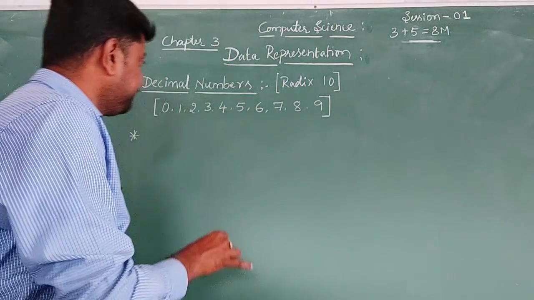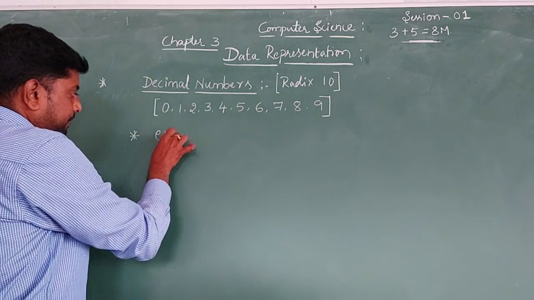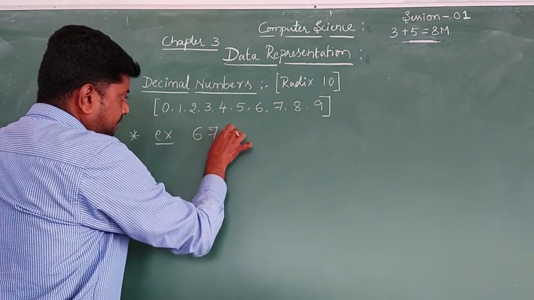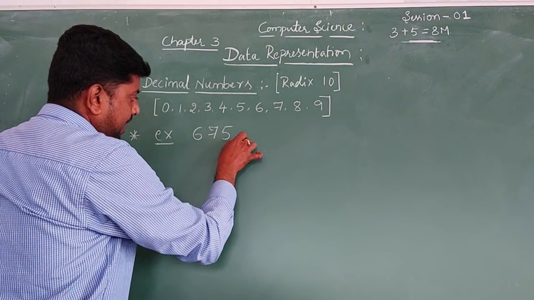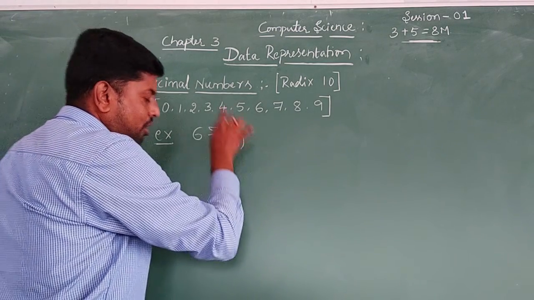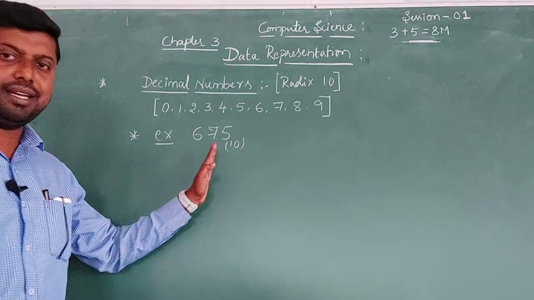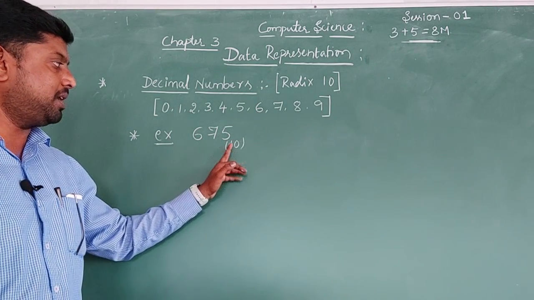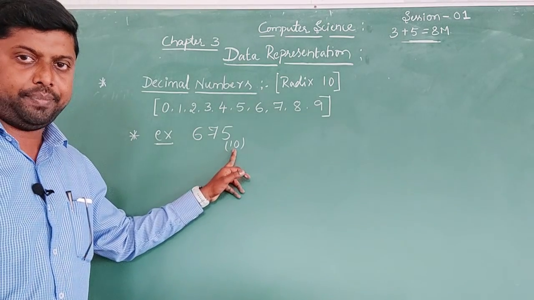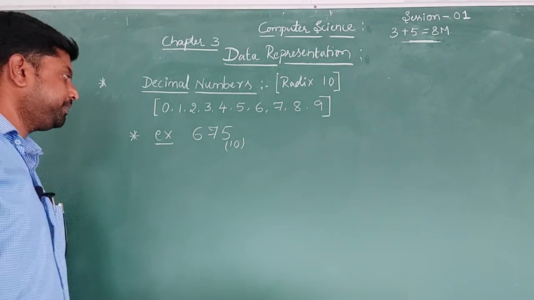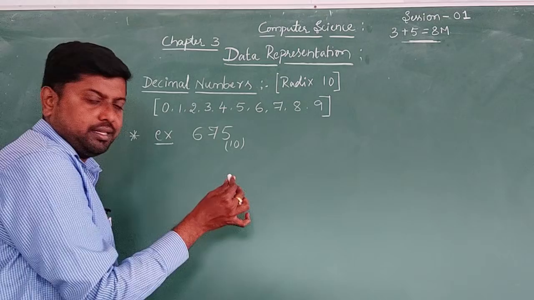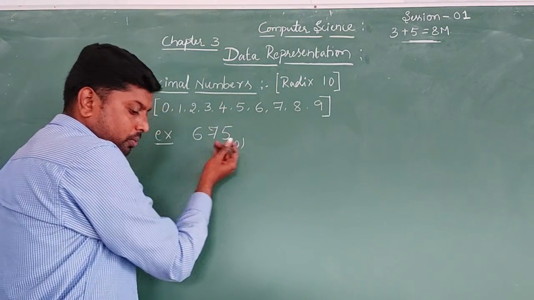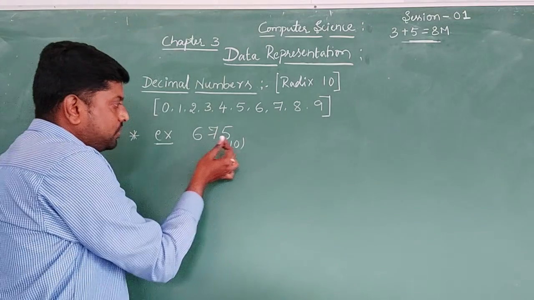See dear students, example: 675. Assume this is a base 10 value. Now I want to extract this base 10 value with the radix 10. Count the digits from right to left, from 0 upward.